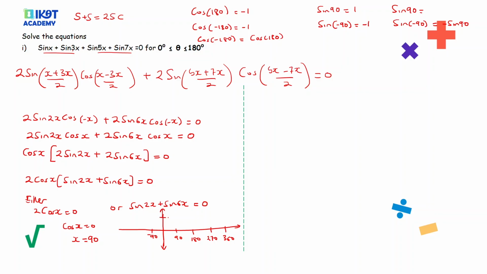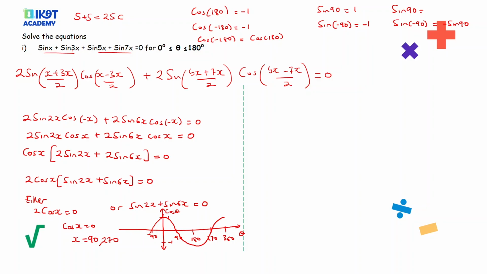The graph comes like this; this axis is cos theta, this axis is theta. Now we look for 0, and 0 is on this line. So on 0 we have 90 and 270. So x equals 90, 270.